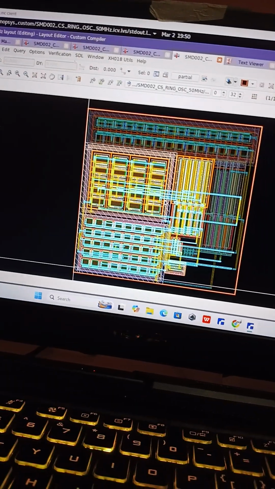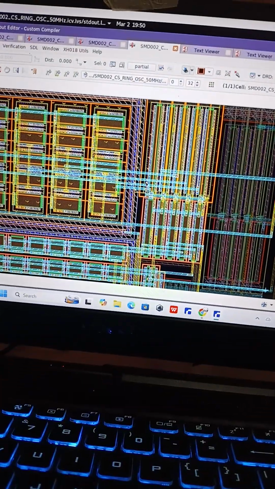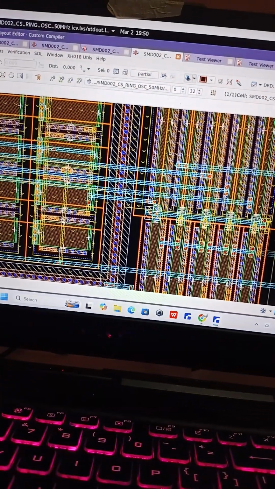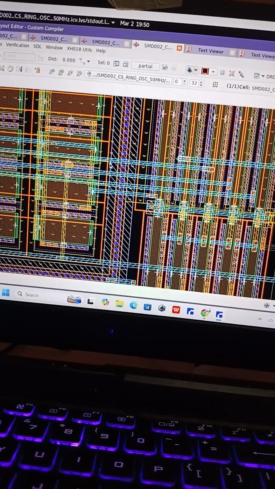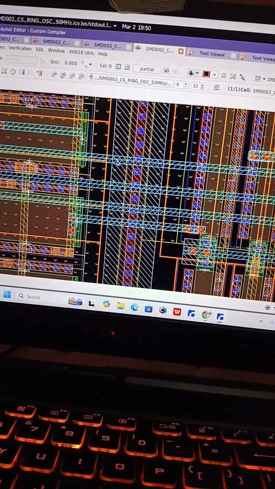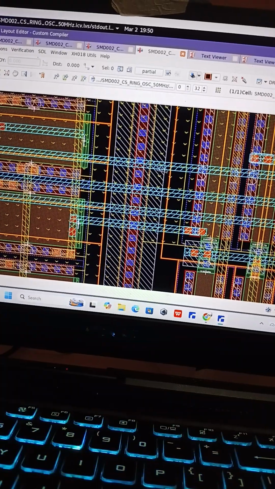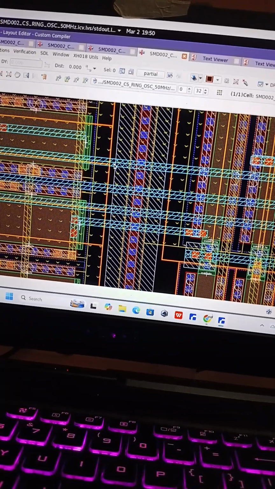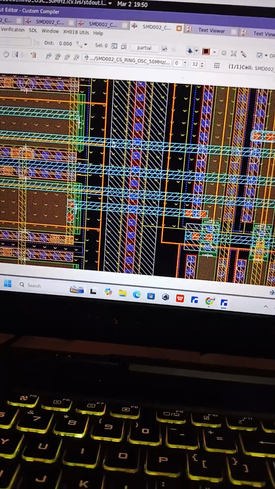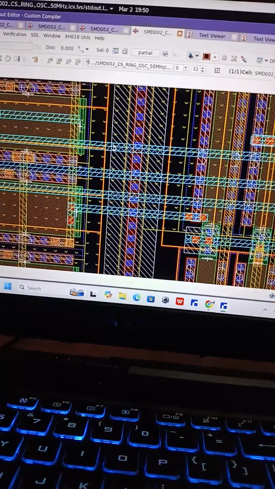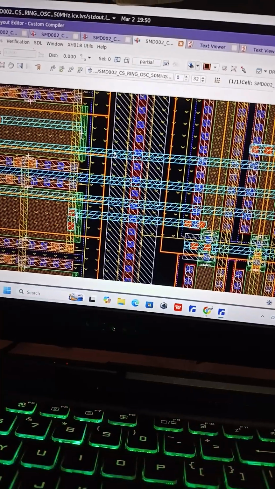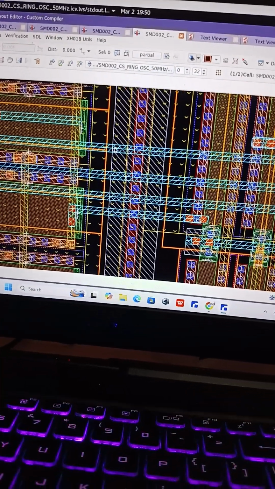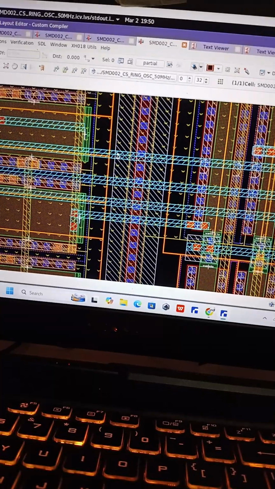But what is parasitic actually? As you can see here, these are metals: metal 3, metal 2, and metal 1. You need to know that in electronics, when we have metals or conductors, we have two properties we can see, which are capacitive properties and resistive properties, right?